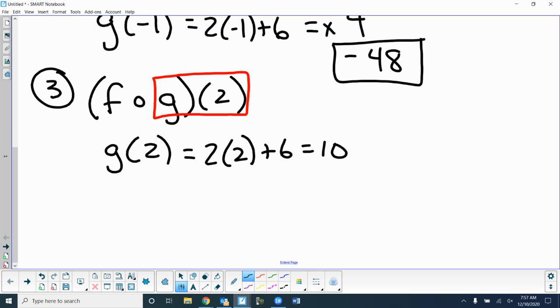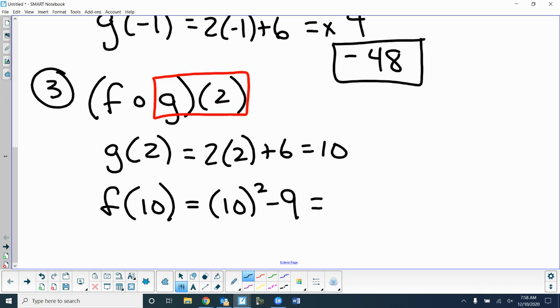And then you take that 10 and put it into the F function. So the answer you get for the G function, you put in for the F. And that's 10 squared minus 9. 100 minus 9 would be 91 for number 3. So that's what the circle tells you to do. It's called composition of functions.